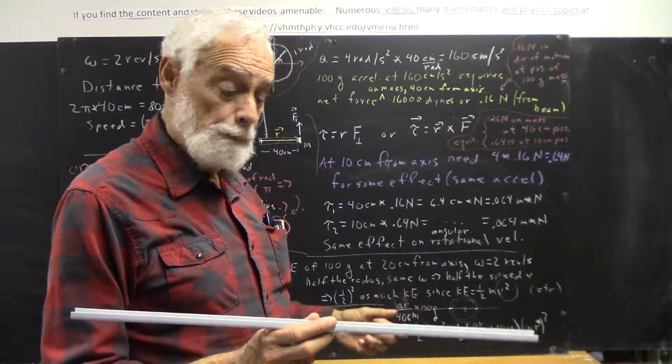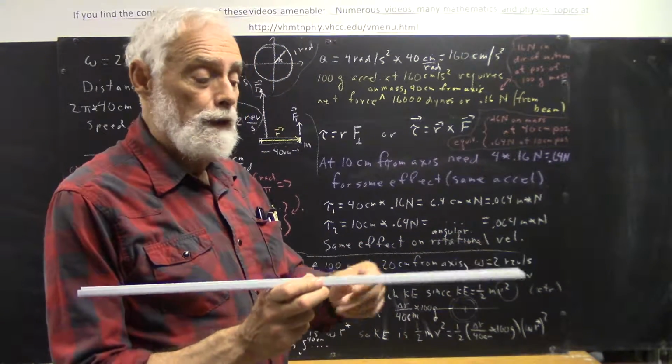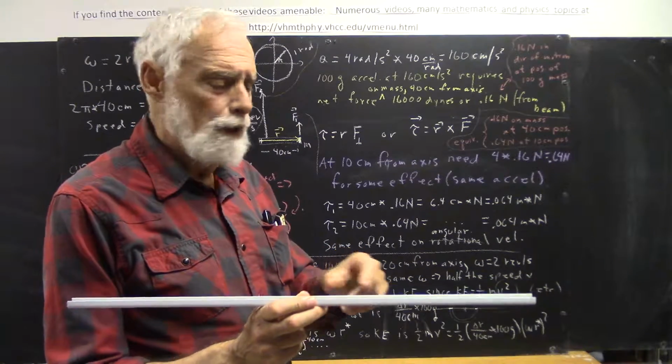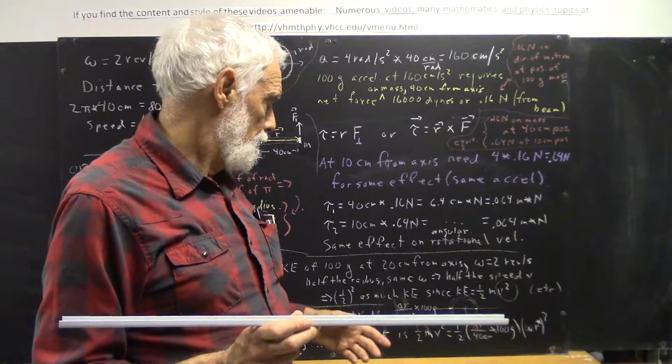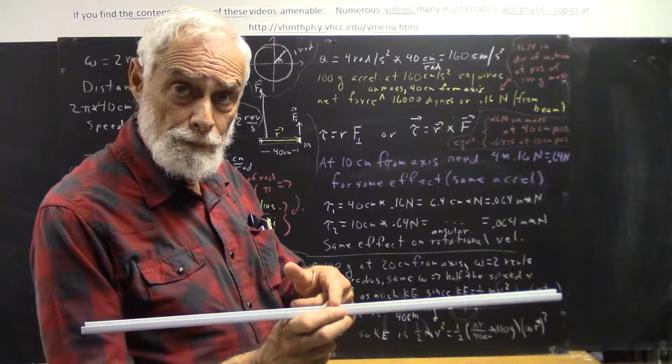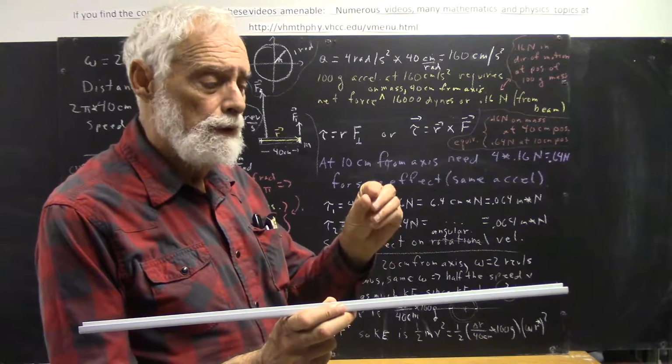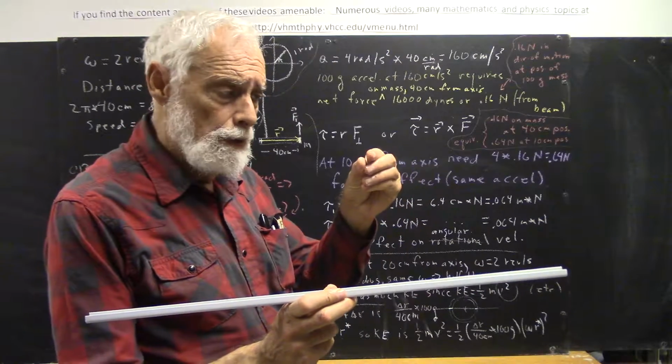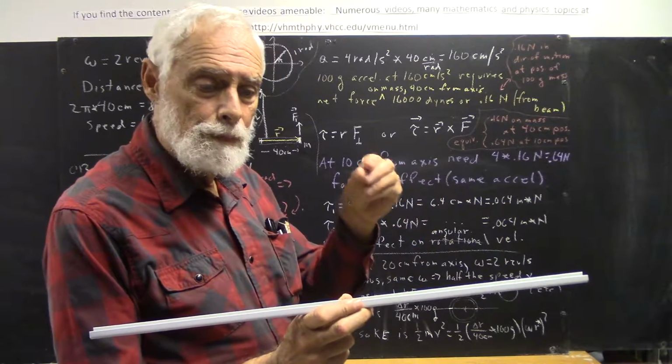Or alternatively, we can assume that delta r means all the mass at distance r star from the center within this short interval about r star.